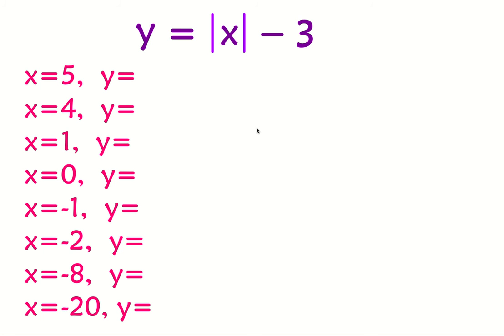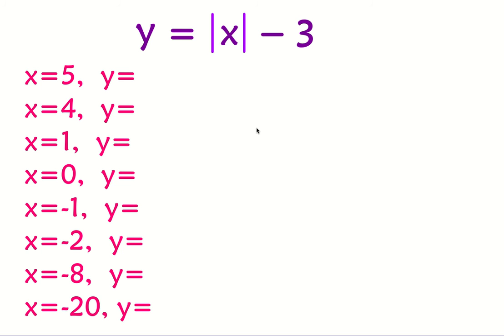Remember, domain is the set of all x values, and the range of a relation is the set of all y values. And it's also going to refer to functions. If a relation is a function, it's not allowed to have any repeat x's.